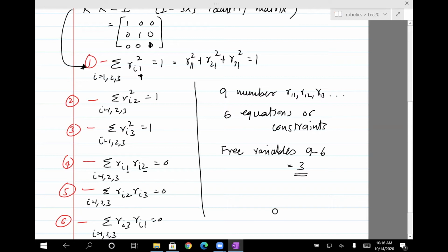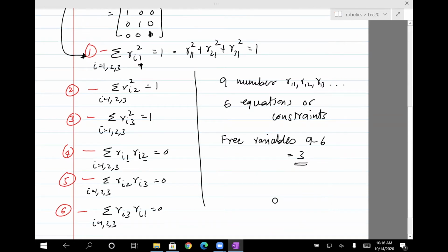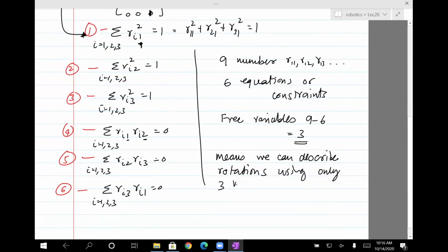Okay, which means that we can describe rotations using only 3 numbers. Okay. So what are those three numbers?